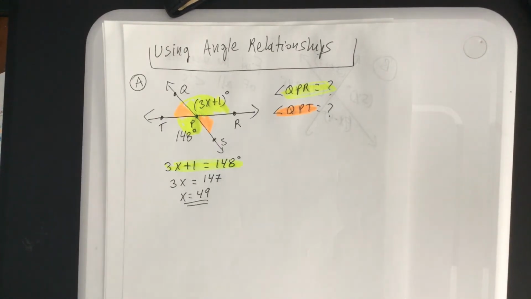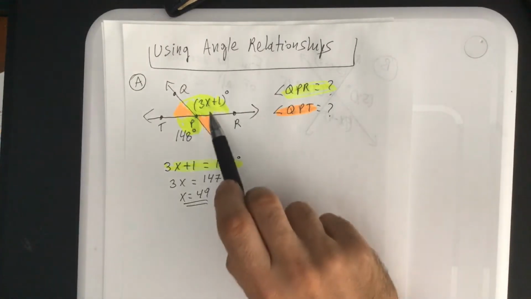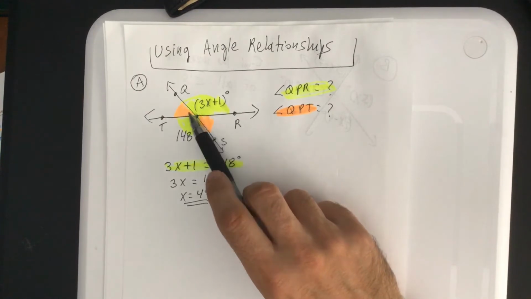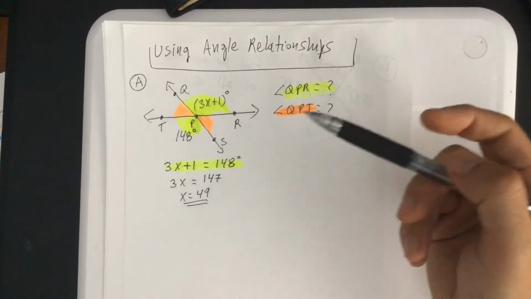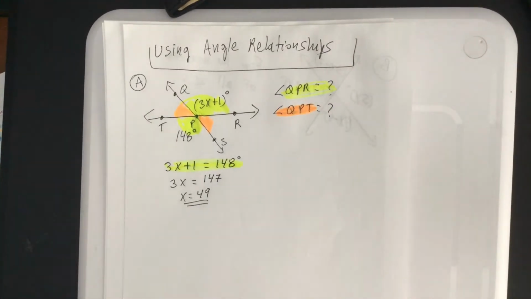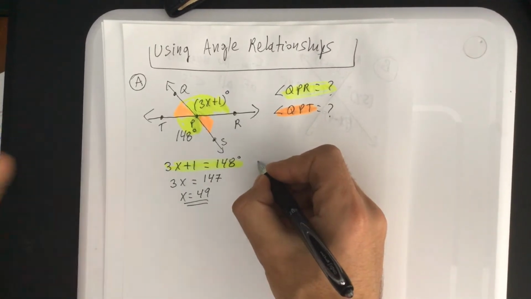Now, what you need to do is plug the x into this expression over here, to find out its value, which we already know is going to be 148. But let's do that just to check if it is right.